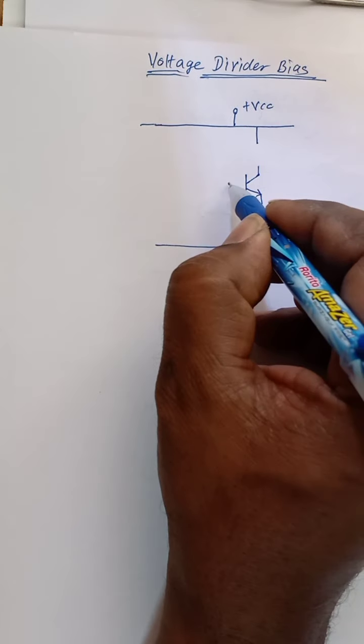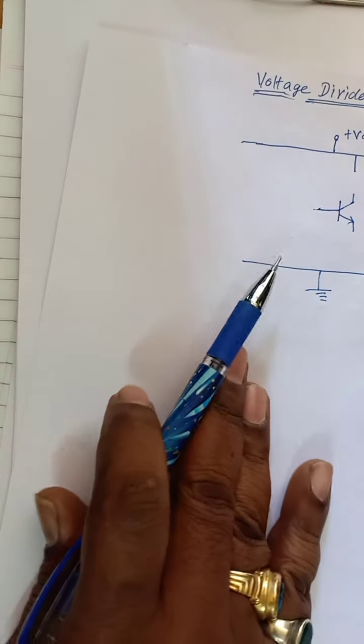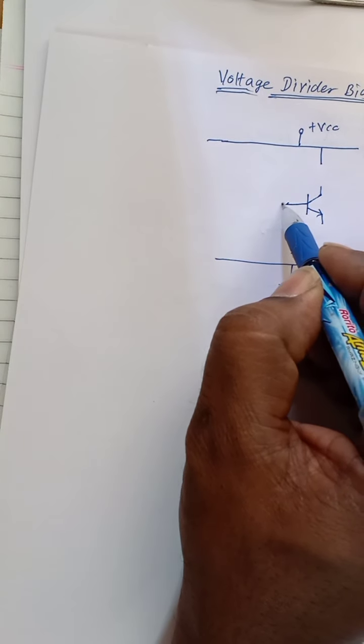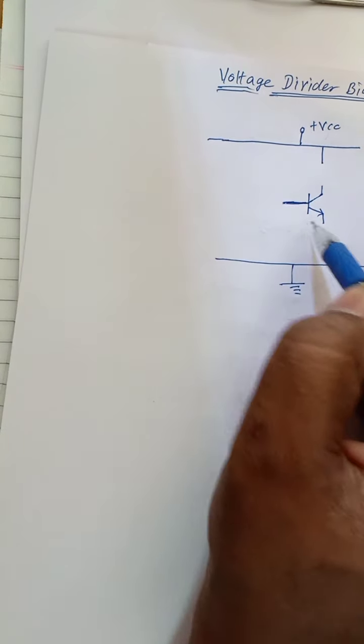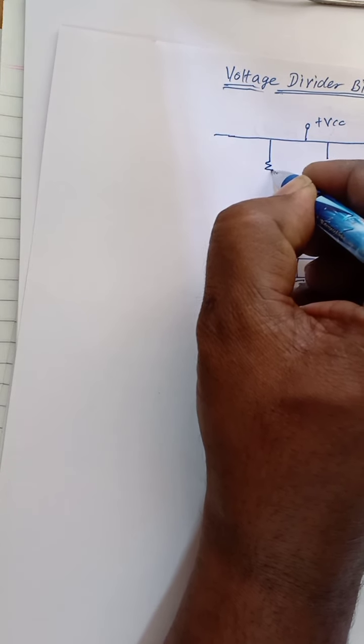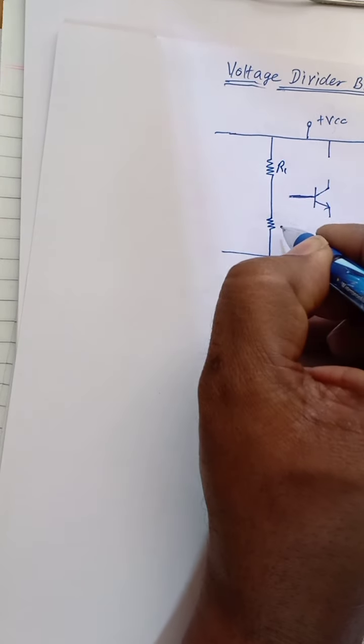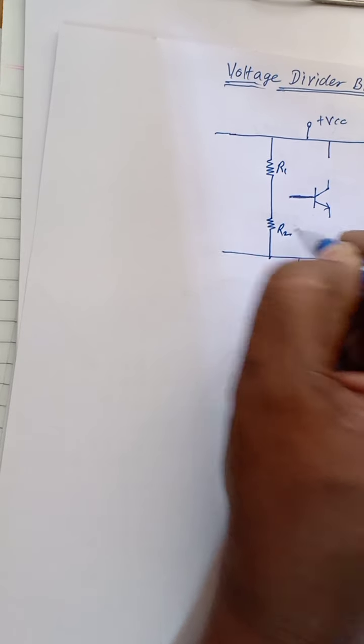The name voltage divider bias is given by how we apply the base voltage to the transistor. Here we are using two resistors connected in series, say R1 and R2.